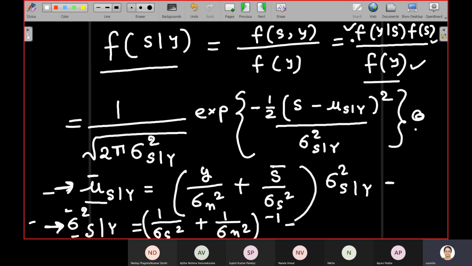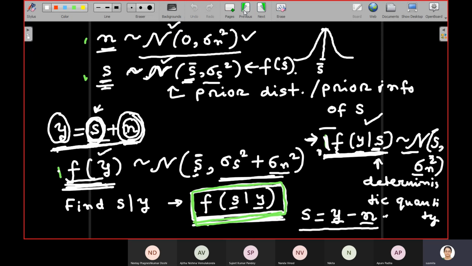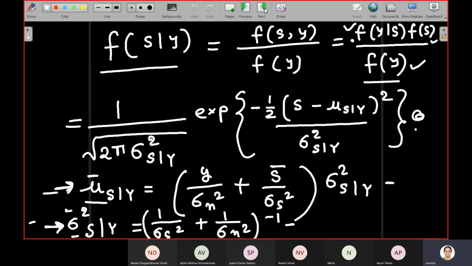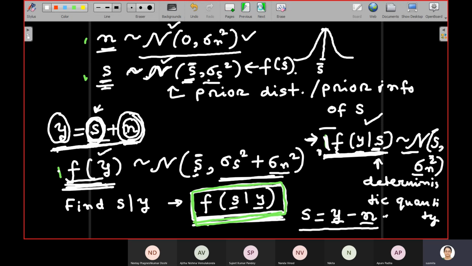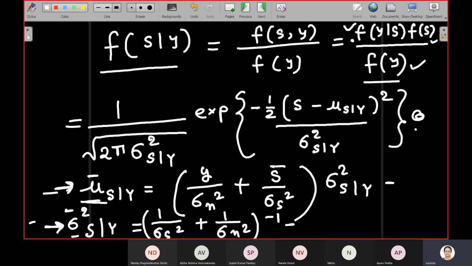So in the prior distribution, again assume Gaussian distribution, but this S bar will be replaced with what you have got here, and the sigma S square will be replaced with this one. So for the second measurement, you will use a better guess, which you got from the first measurement. And then for the third measurement, whatever refined estimates you got, you will use as the prior guess. So this way you can incorporate multiple measurements one at a time.